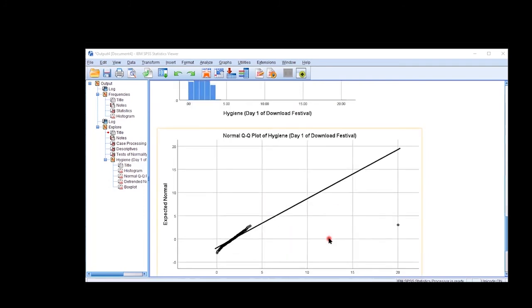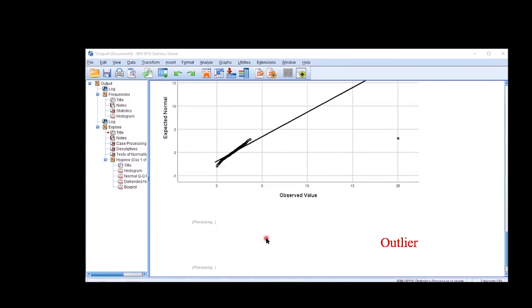Our QQ plot is also non-normal, because I showed you the two QQ plots in the theoretical section: if these small circles are away from the main line, it means the data is non-normal. The same graph is showing that our data is non-normal.